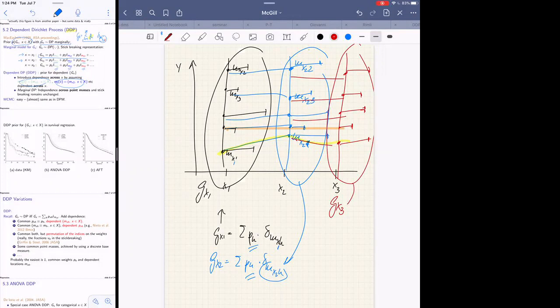Each of them exactly satisfies the stick breaking construction, and they only sneak in the dependence by making them dependent across x, which does not impact the stick breaking construction at all. So that was the little trick.